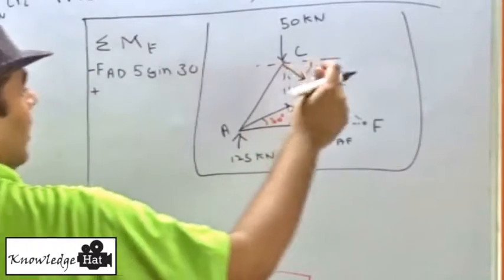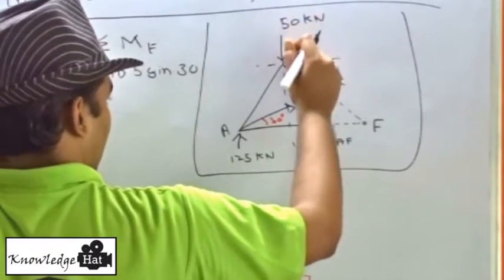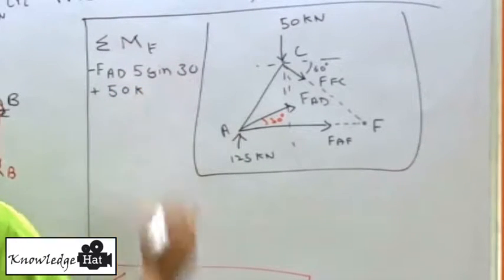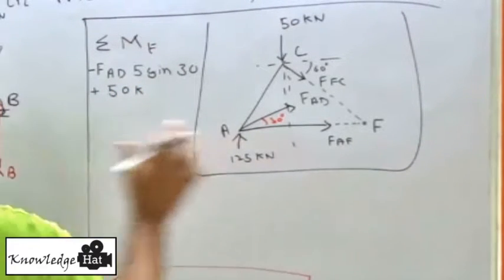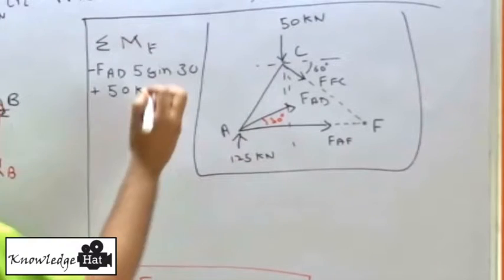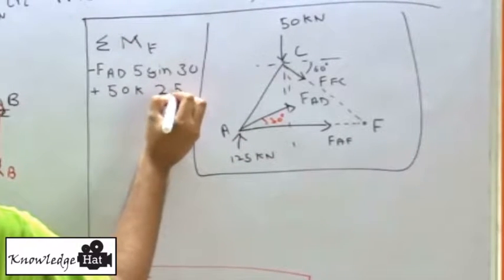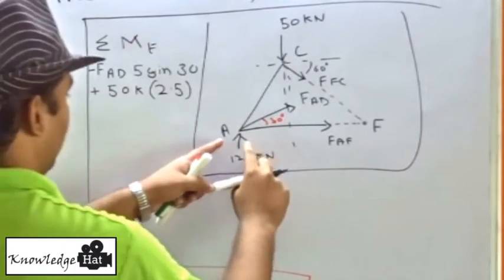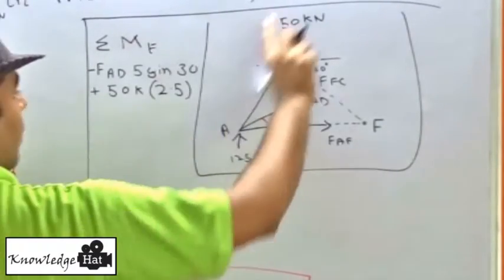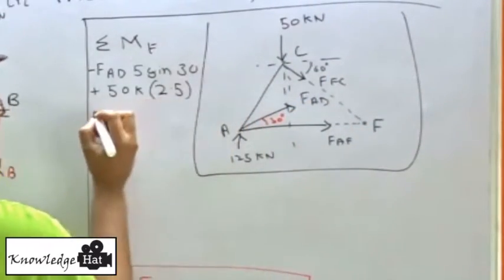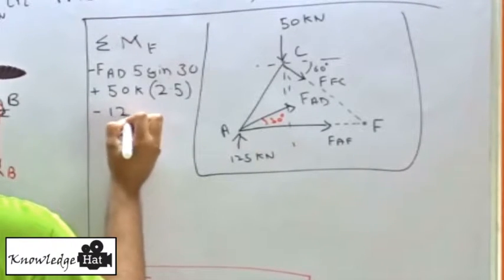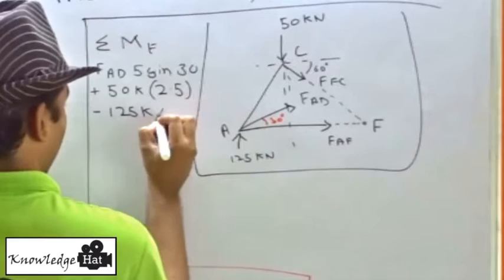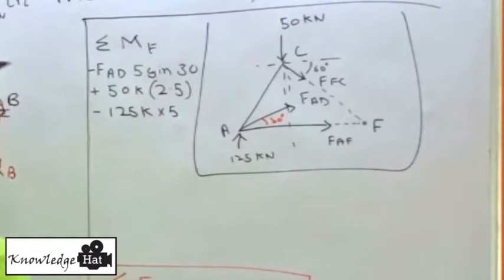Now we have this force at point C, which is 50 kilonewtons, and this force is at a distance of 2.5 meters. And also we have a force at point A, and this will also be in clockwise direction, so this will also be negative 125 kilonewtons at a distance of 5 meters.